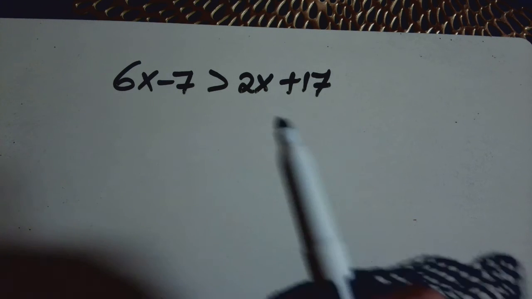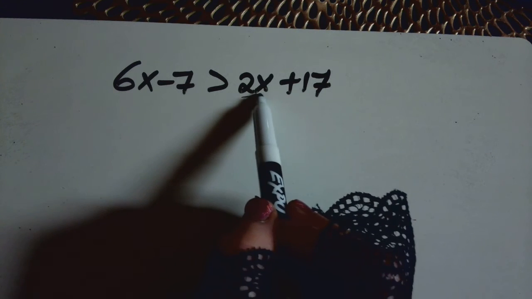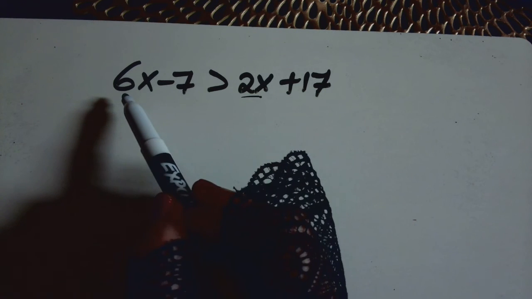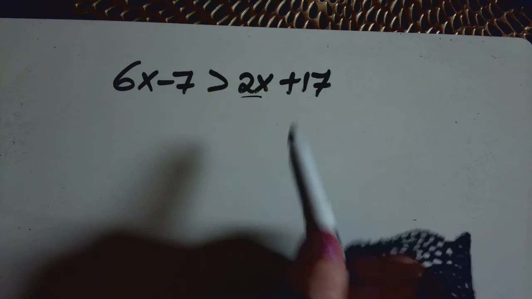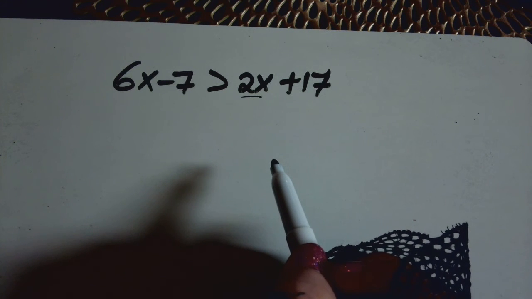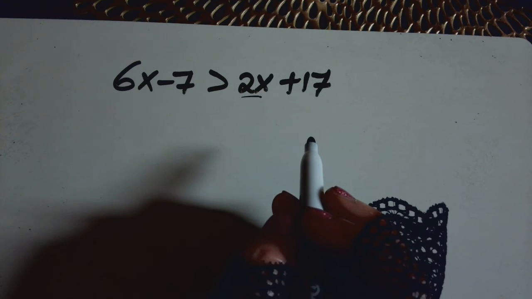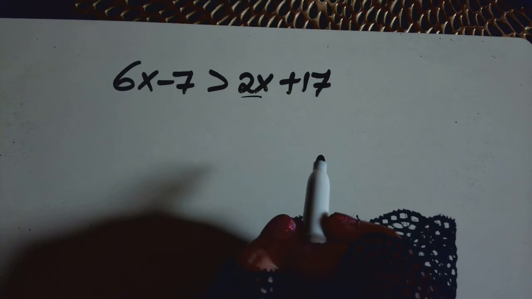Okay, so again, it's just like solving an equation. We've got a 2x here and a 6x here. So it does not matter which way you move the x's, but I always like to make life easier. So especially in math, I look for the easiest way. So it's easier to deal with positive numbers than negative numbers.